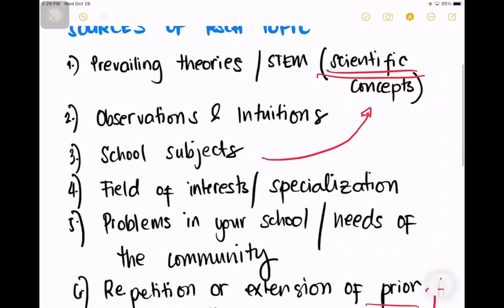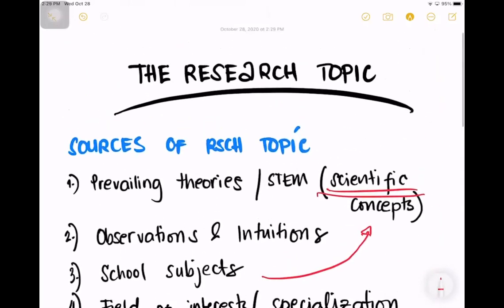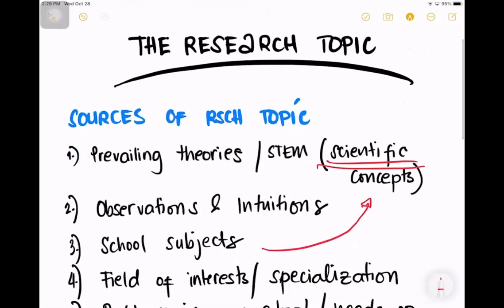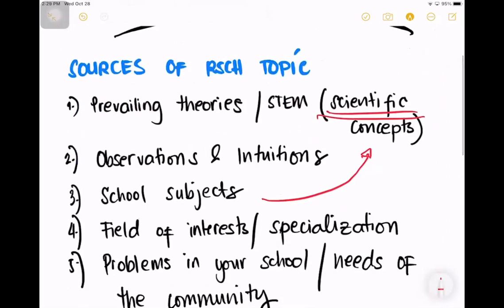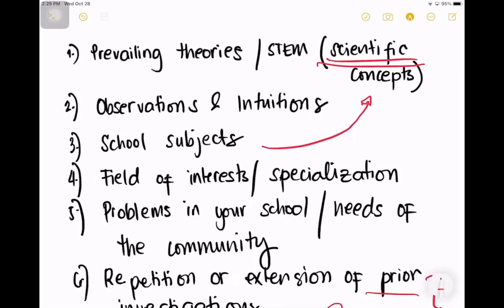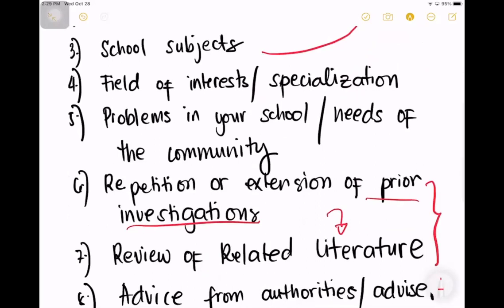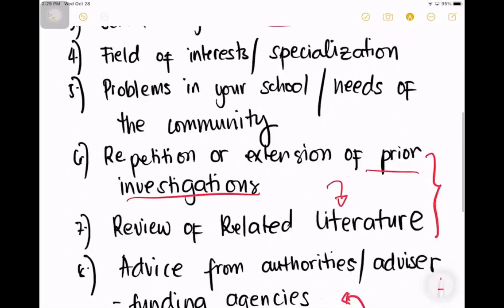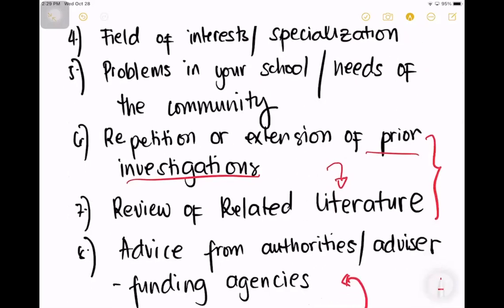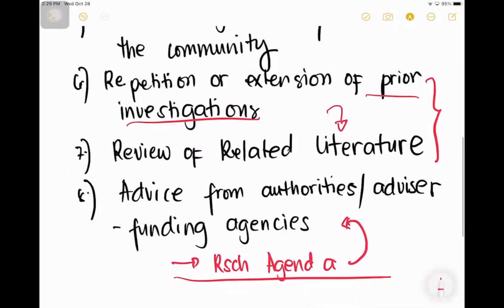This would really come in handy when it comes to selecting our source of research topic: your prevailing theories, or your observations, the problems that you encounter in school or in the community, and your prior investigations or research studies done as a result of your review of related literature. And if you wanted to expand your network, you could get it from advisors, authority advisors, and funding agencies.